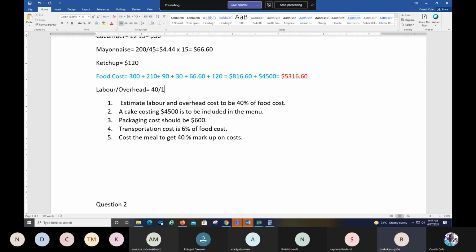And we multiply that now by the food cost, the 5,316 and 60 cents. So what will be the labor cost now? 40% of that figure. $2,126.64.